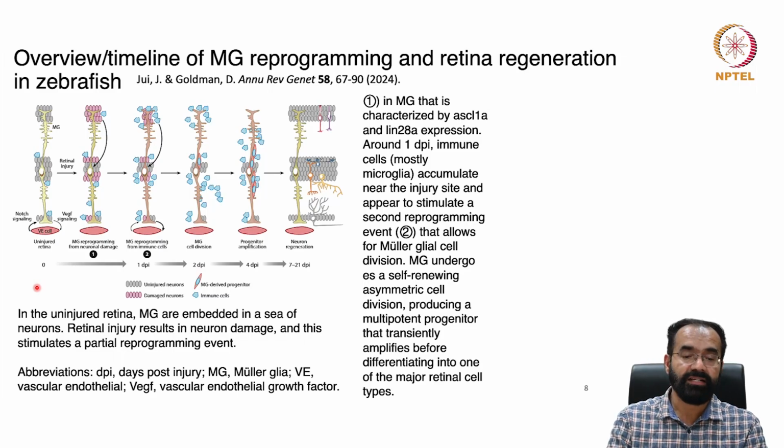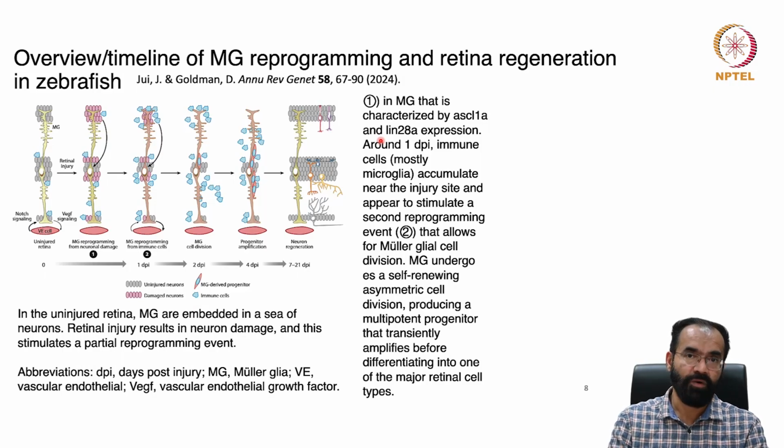Here you can see the different phases, like number 1 and number 2. Number 1 in MG is characterized by ASCL1A and Lin28 expression. Remember, ASCL1A can upregulate Lin28 also. Lin28 can be upregulated by various other pathways, but ASCL1A is one of the members that can upregulate Lin28.